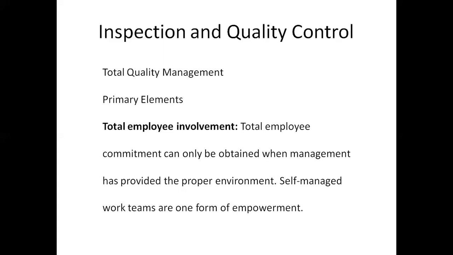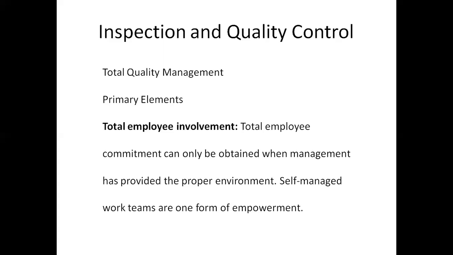That started from Toyota, the power groups and all that. It can take place only when employees are empowered and form separate teams, other than the management, to enhance and maintain quality.